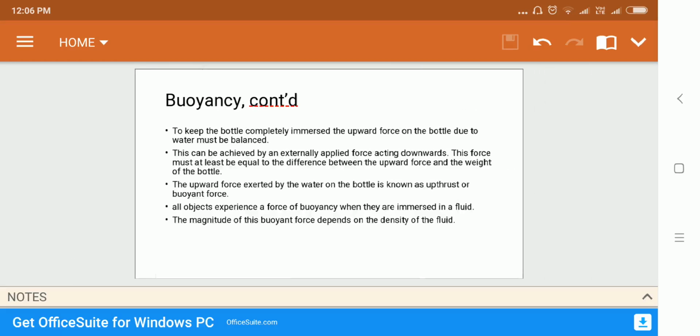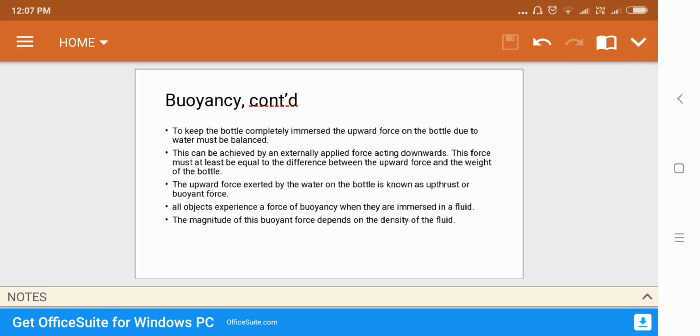To keep the bottle completely immersed, the upward force on the bottle due to the water must be balanced. This can be achieved by an externally applied force acting downward. This force must be at least equal to the difference between the upward force and the weight.